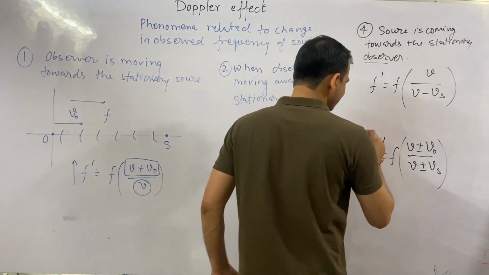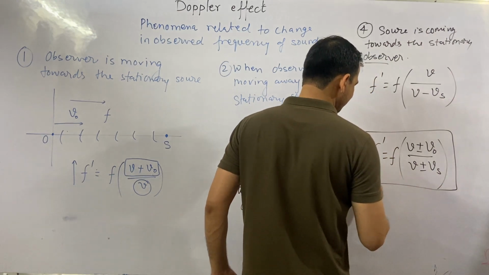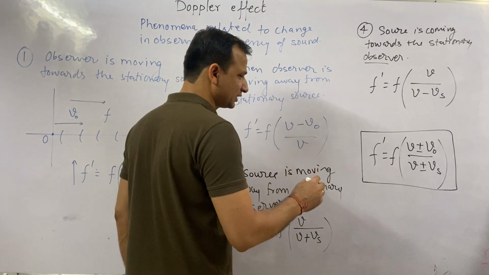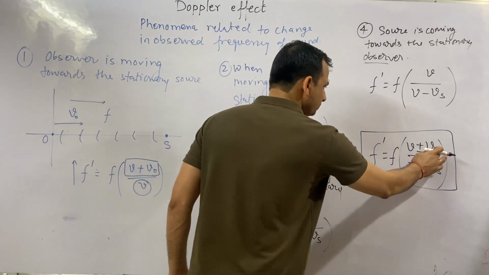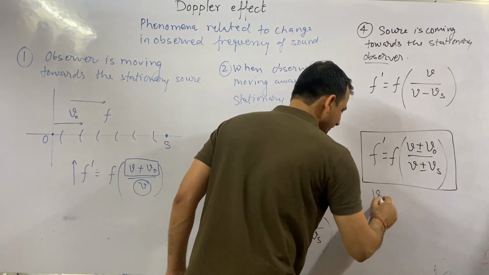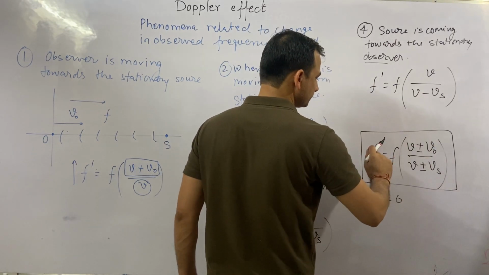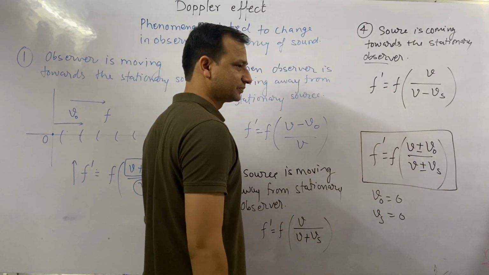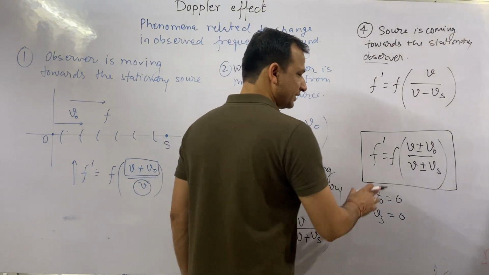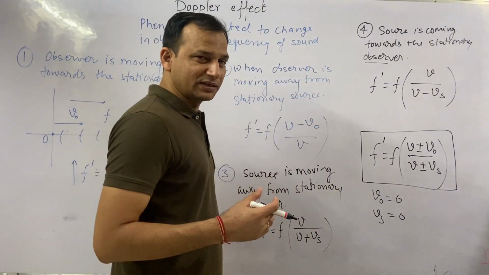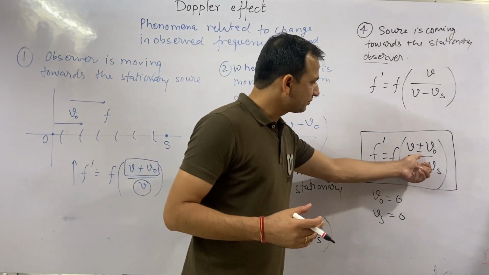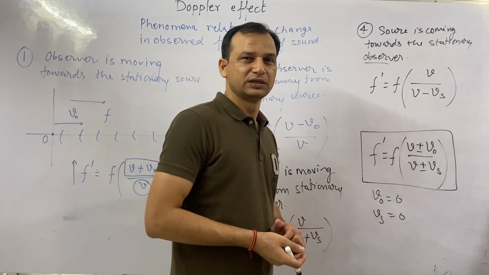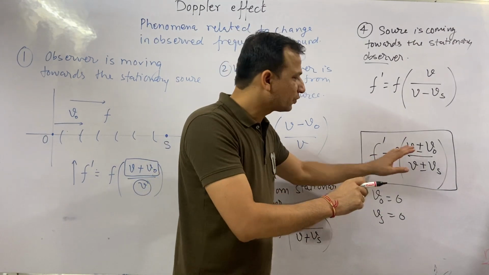If we remember this formula of the Doppler effect for calculating the change in observed frequency, we can make some changes here. When the observer is at rest, take v0 equal to 0, and when the source is at rest, take vs equal to 0. Now second thing, you may face some challenge with this plus and minus sign, when to use plus, when to use minus. So let me make that also very simple.